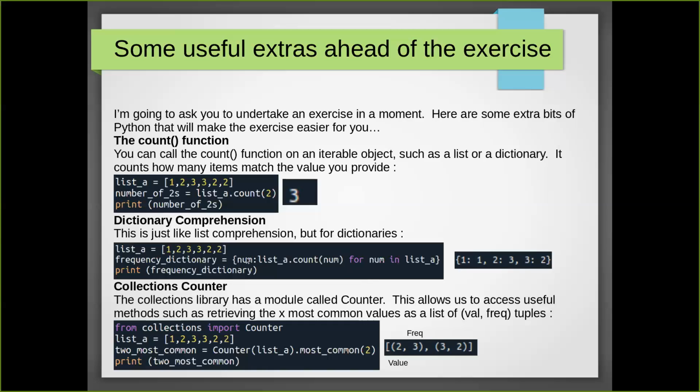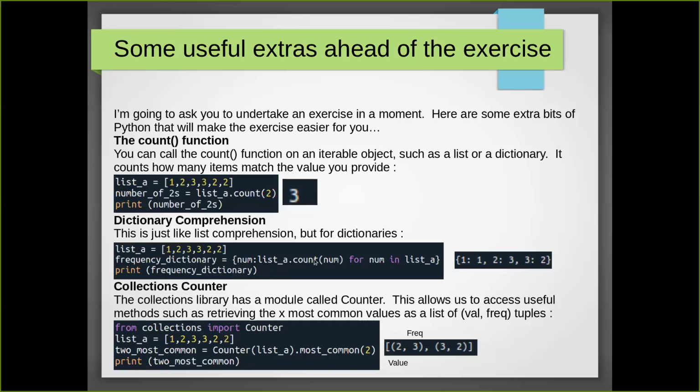So give me the number itself, a colon, and then give me the frequency, which I've just shown you. You can use count to do that. So give me the count on list A for that number.